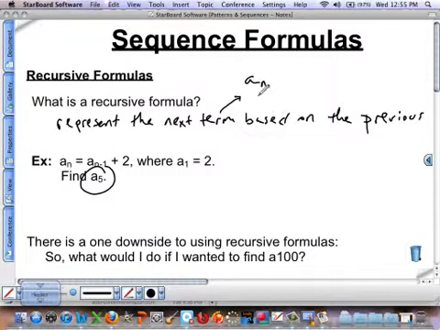But if I have the term a sub n, what's the term before a sub n? Chris, when I said a sub 5, and I asked for the previous term, you said a sub 4, how'd you come up with 4? So if it's a sub n, what's the term before a sub n?